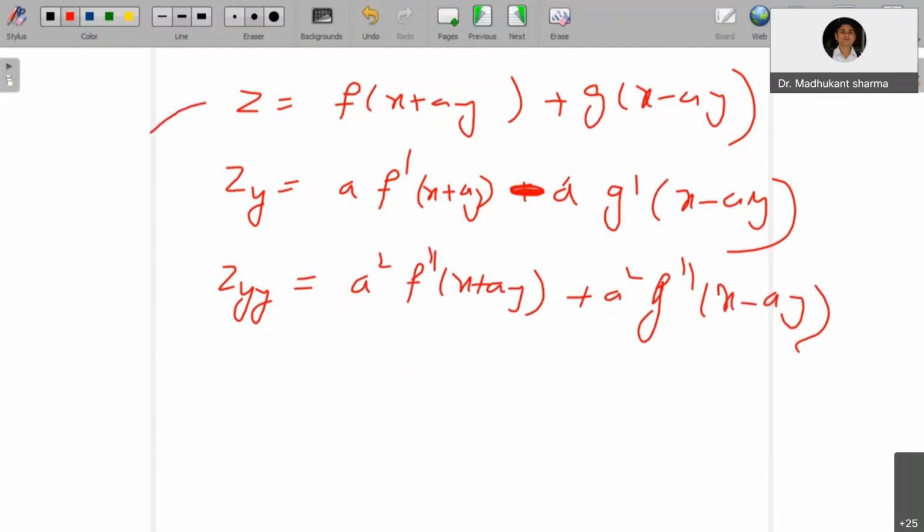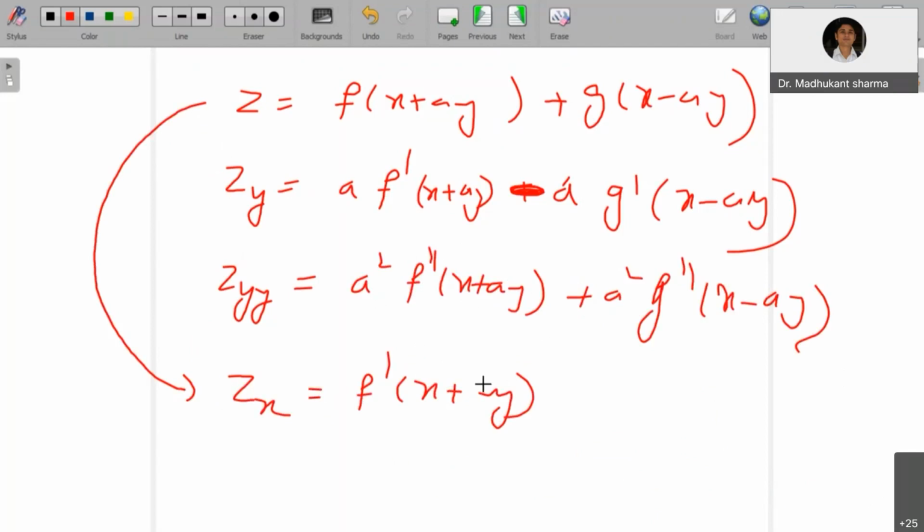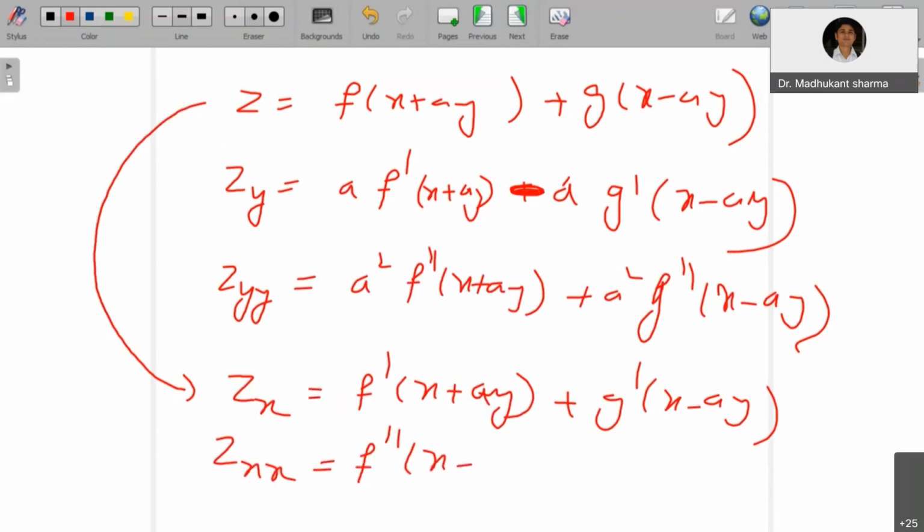Now if you differentiate partially with respect to x, it's straightforward: f dash of x plus ay, chain rule, plus g dash of x minus ay, and zxx is going to be f double dash of x plus ay plus g double dash of x minus ay. Now you can relate zyy equals a square times zxx. So you are obtaining the second order linear PDE.